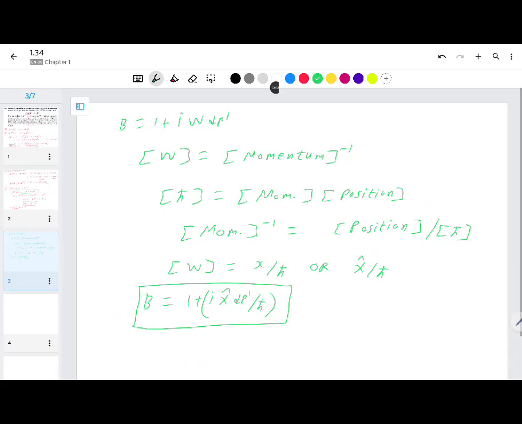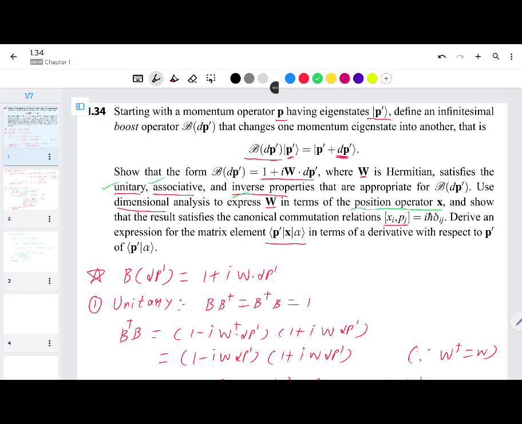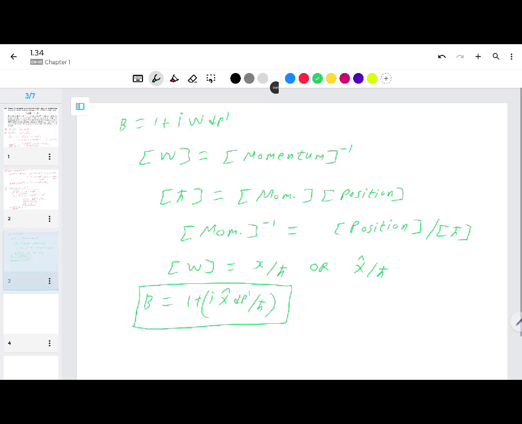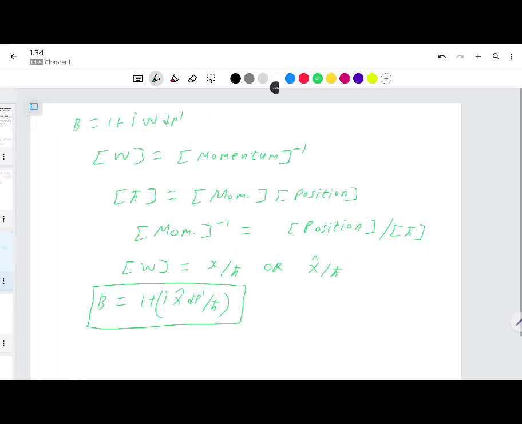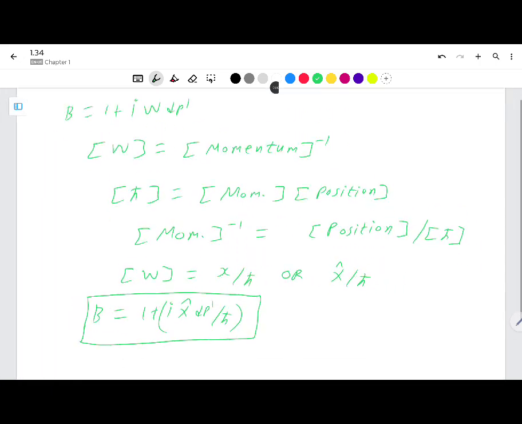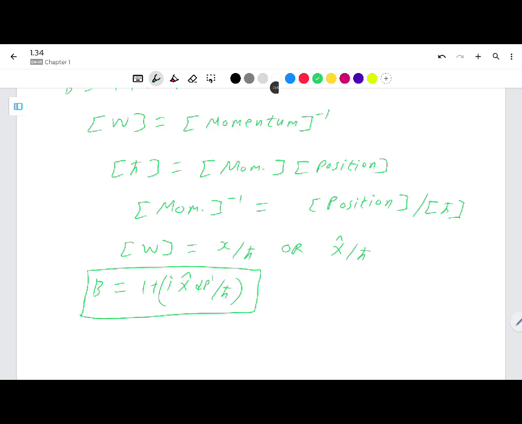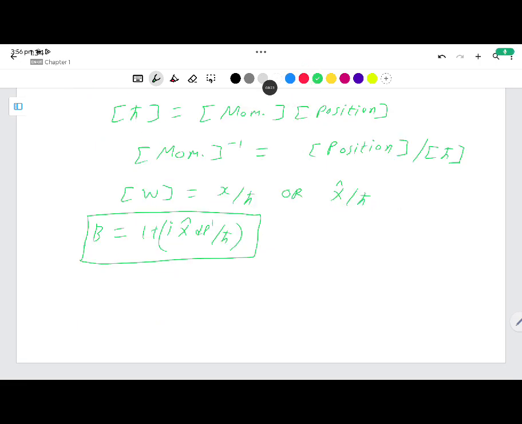Okay, we need to check the commutator relation, and that will hold true because we know that kind of relation.